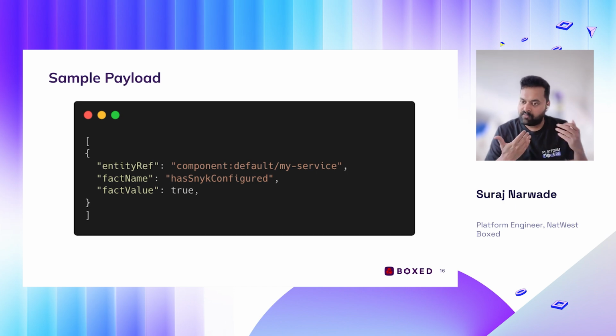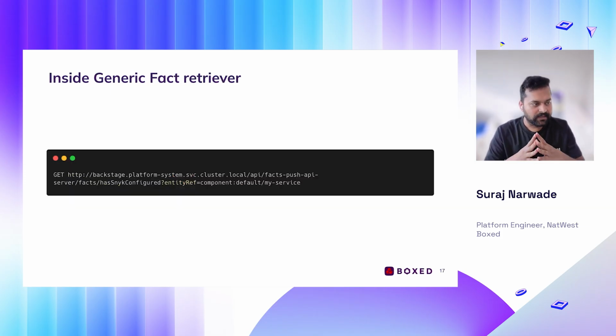In whatever language they write their logic, it doesn't matter, as long as they are following the contract and pushing this logic. Inside this generic fact retriever, all it does is GET on the fact API server itself with some additional parameters, such as, get me this for this entity, for example. That's it.